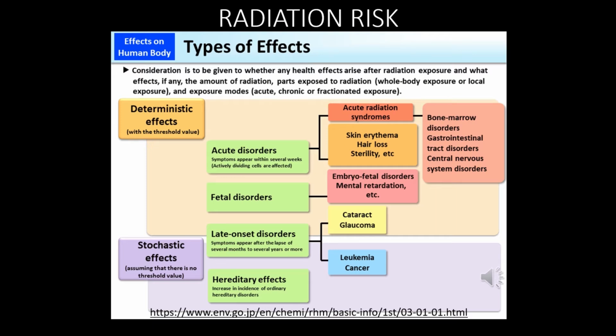There are fetal disorders as well. The late onset disorders are such as cataract and glaucoma. When looking at the stochastic effects, they may be things like leukemia, cancer, and hereditary effects, which increase in incidence of ordinary hereditary disorders.